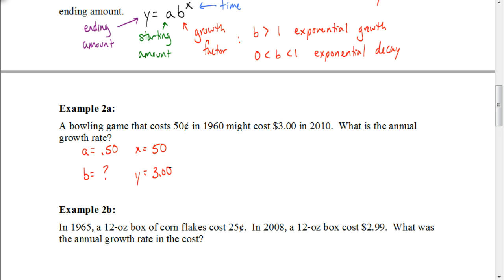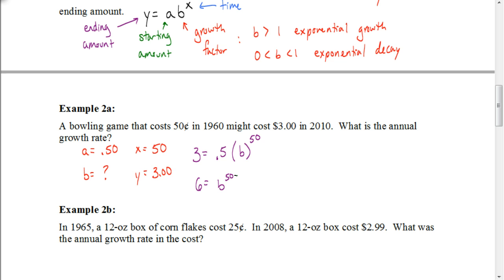So let's plug that information into our formula. It's going to be 3 equals our initial amount, 0.5, times the growth factor, which we're trying to find, to the x power, which is 50. To solve for b, I could divide both sides by 0.5 on my calculator, or 0.5 is the same as 1/2, so you can multiply both sides by 2. Either way, you get 6 equals b to the 50th power.